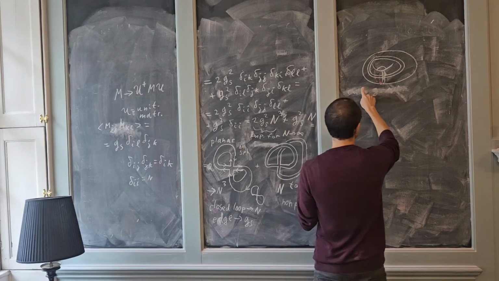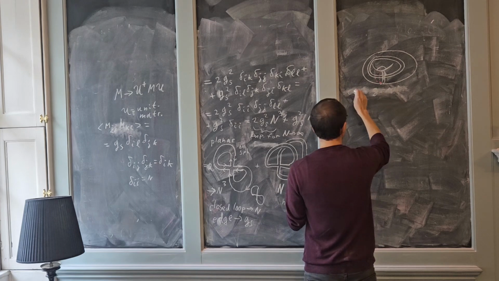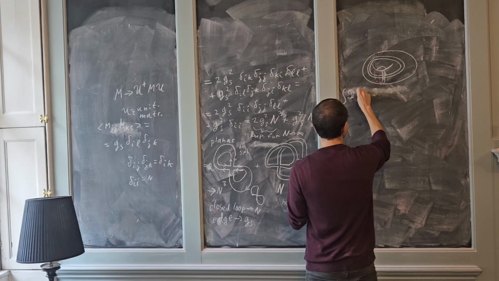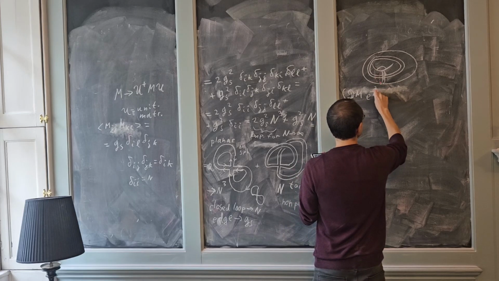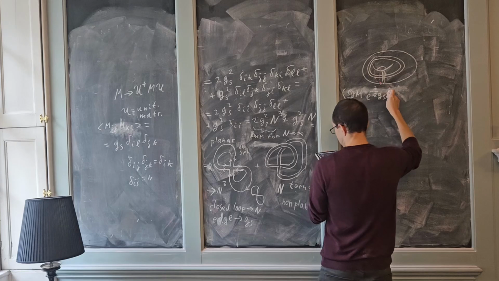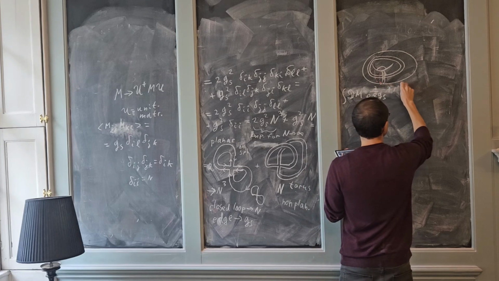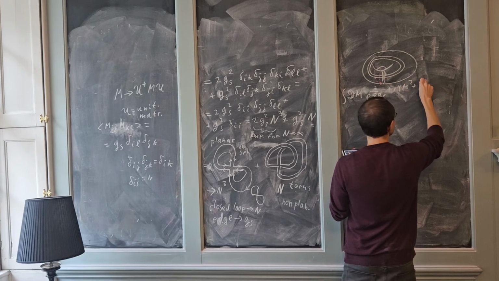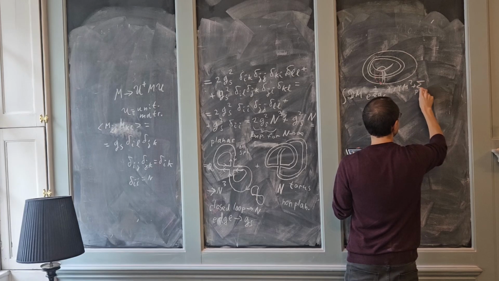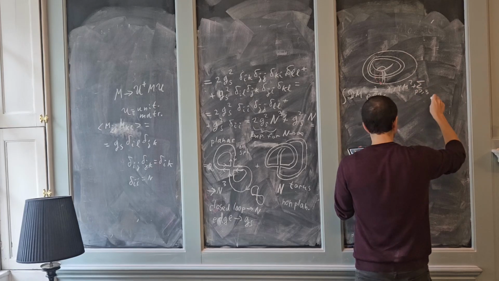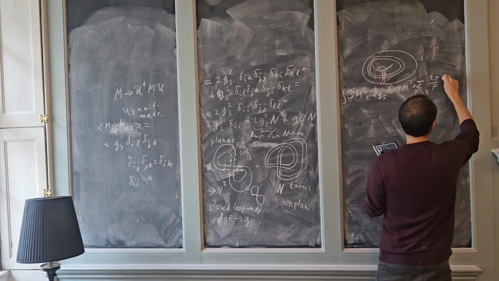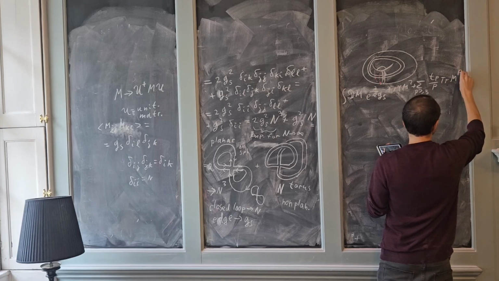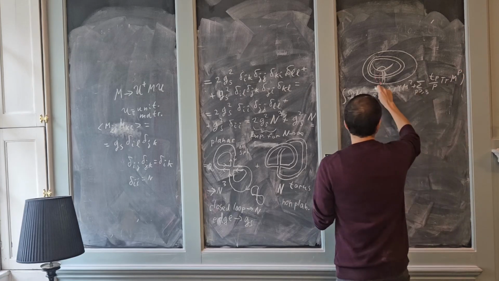Suppose we are looking at the expansion of the partition function, the integral dM e to the minus 1 over 2 g_s trace of M squared plus the sum over p greater or equal to 3 of t_p over p M to the power p.